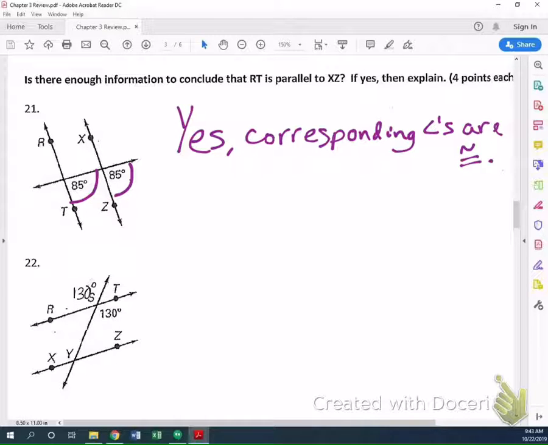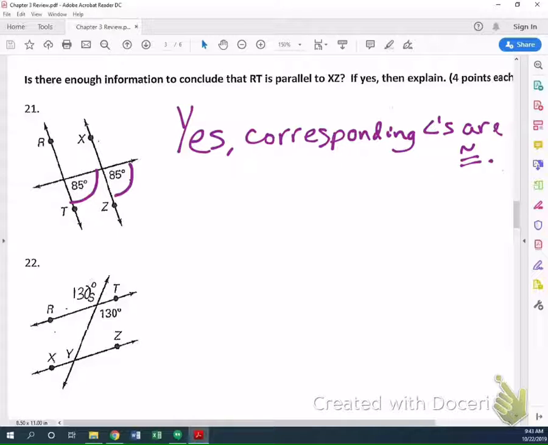Like over in the blue, those would be your answers for this section. Not enough information. Yes, the corresponding angles are congruent. Yes, the alternate interior angles are congruent. Yes, the alternate exterior angles are congruent. Or yes, the same side interior angles are supplementary. And I'll leave that up for one more day so you guys can look over there.